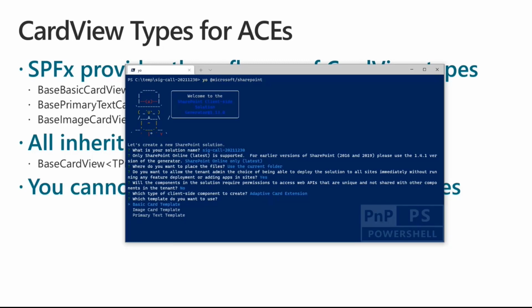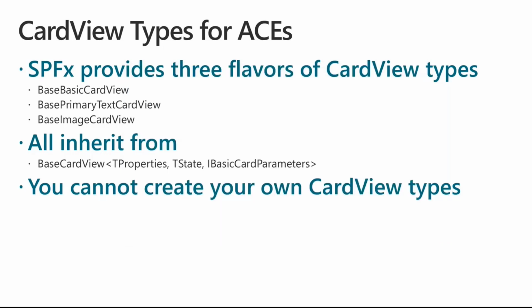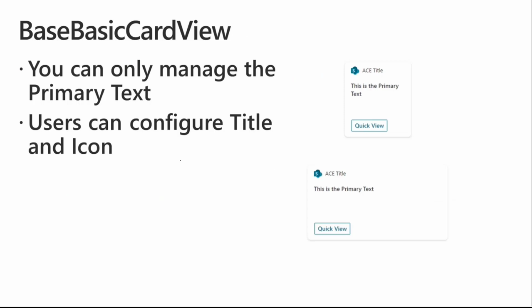So now let me dig into each of them and explain what the main capabilities and features are for each. First of all, let's focus on the BaseBasicCardView, which is the really simple one.